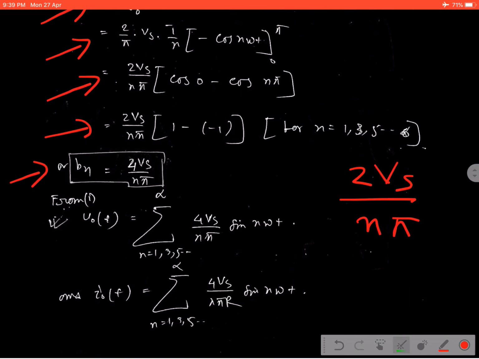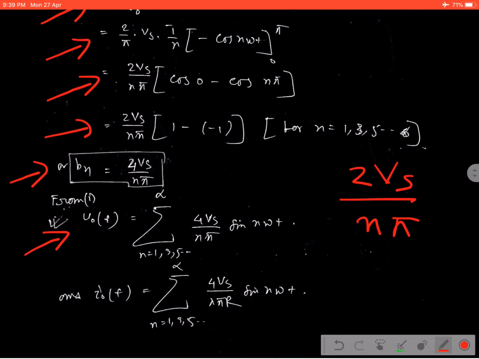So we can put the value of the coefficient in the main equation for the periodic signal, which is defined by V0(t) equal to the sum for n equal to 1, 3, 5 to infinity of 4 Vs by n pi sin n omega t.